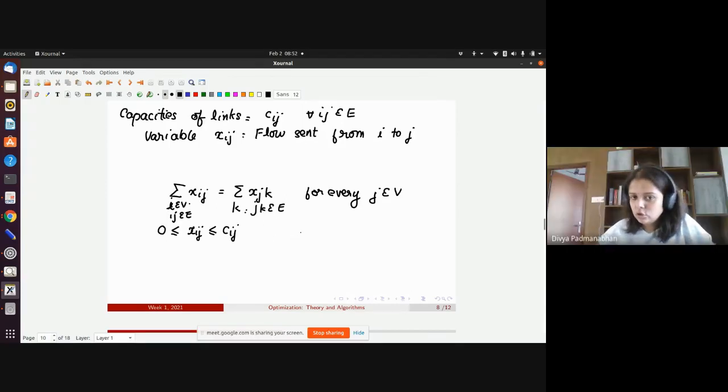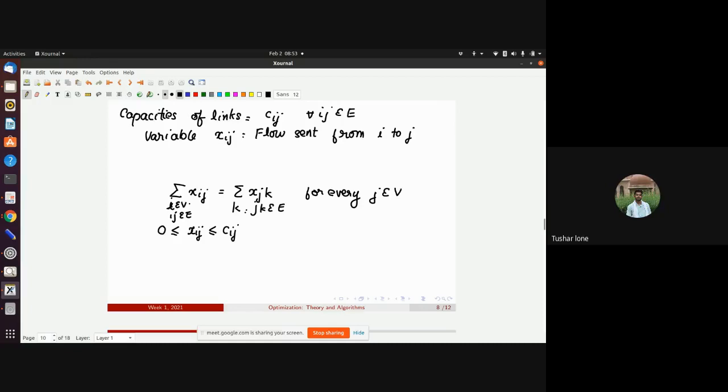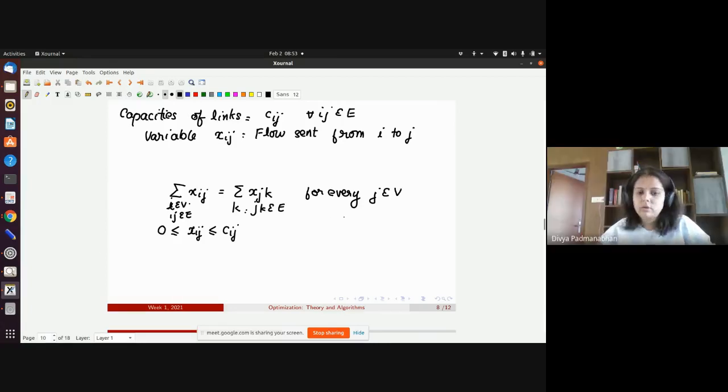So is this clear to you all? What these constraints are? Are there any questions on what these are representing? Yes, it is inflow equals outflow on any given vertex i.